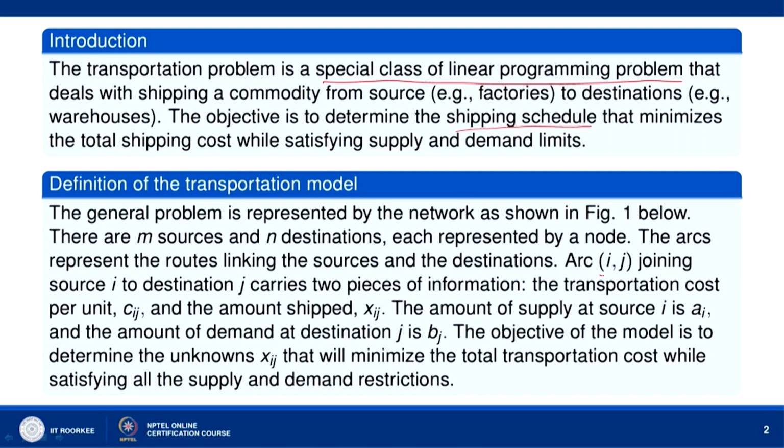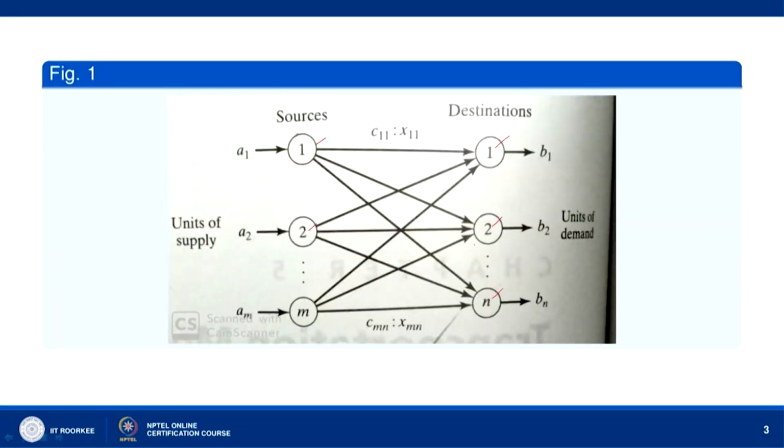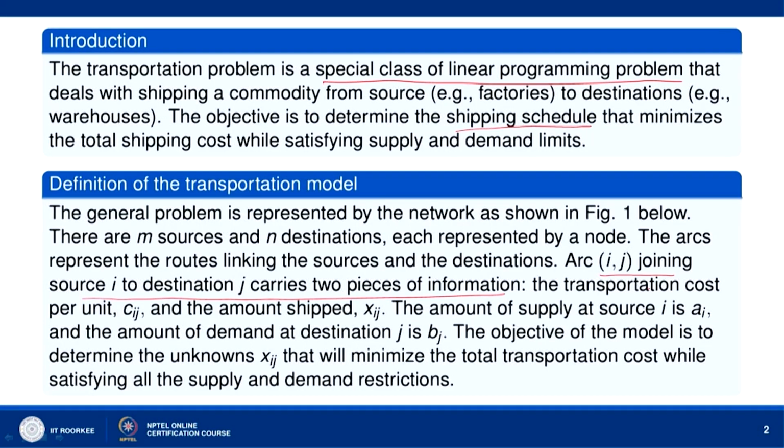Arc i j joining the source i to destination j carries two pieces of information: the transportation cost per unit, denoted by C i j, and the amount shipped, that is X i j.